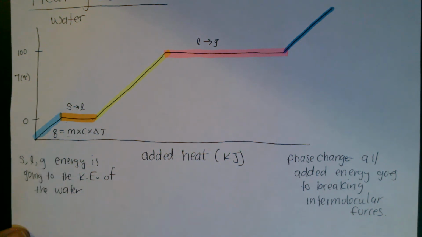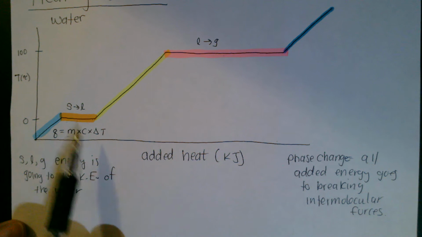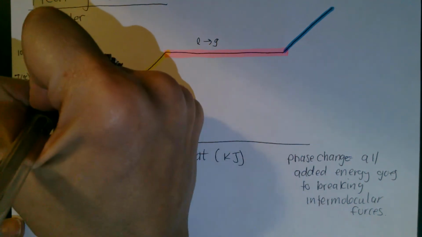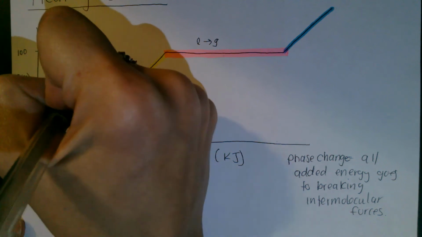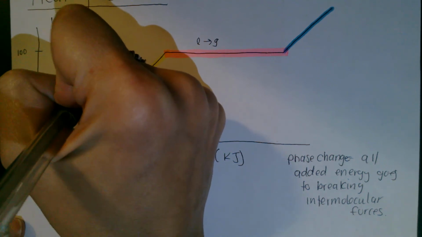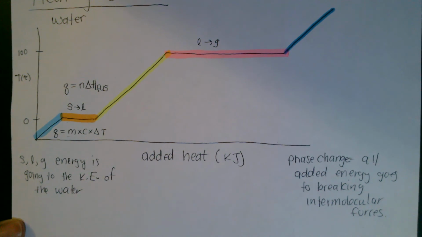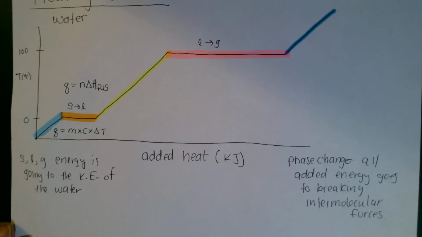So we can use Q equals MC delta T here. Okay, so for this segment, Q is equal to N delta H of fusion. So the number of moles you have, N, times the enthalpy of fusion, which is given in units of kilojoules per mole.